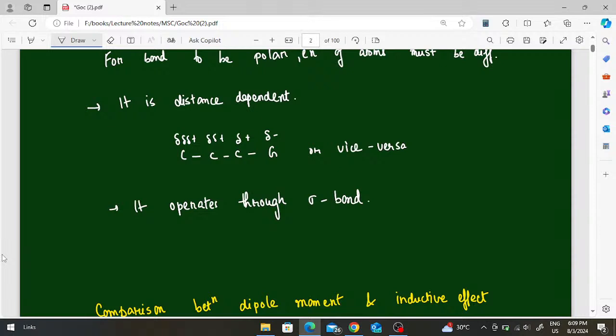So the magnitude of this effect decreases with increasing distance. This is the most important part of it.